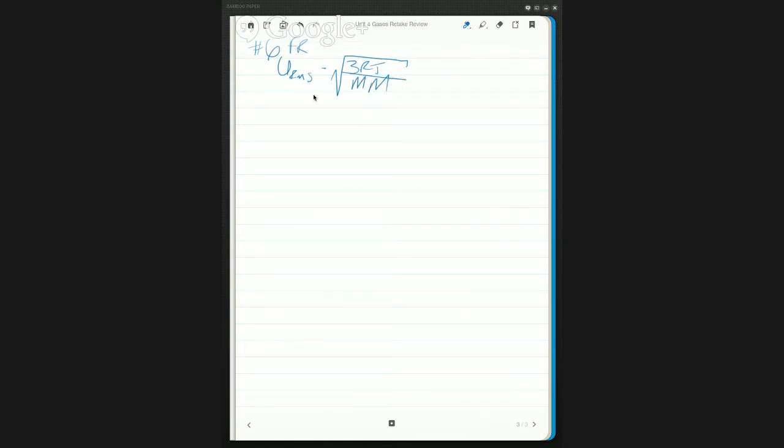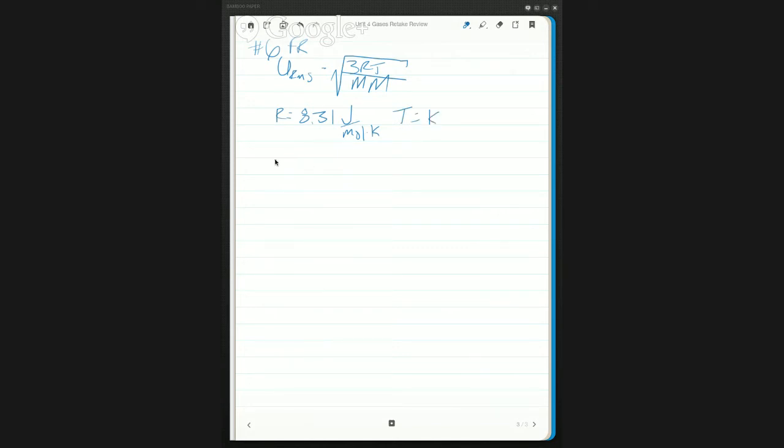Okay, and the key things about root mean square speed: R is equal to 8.31 joules per mole Kelvin. You can't really read that, can you? Let me try that again. 8.31 joules over mole Kelvin. Okay. And that's R. The temperature, of course, is in Kelvin.